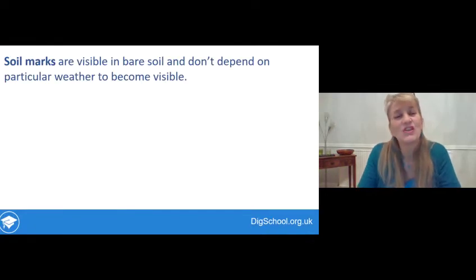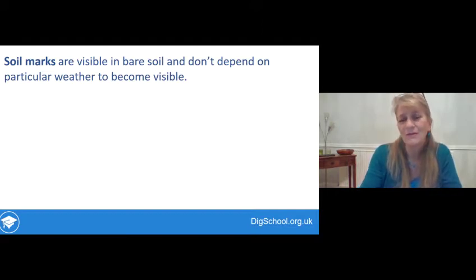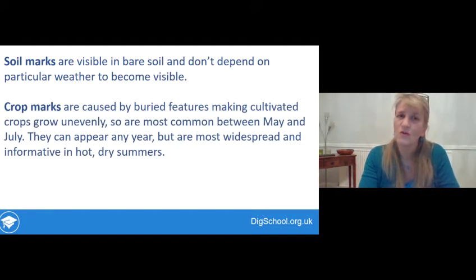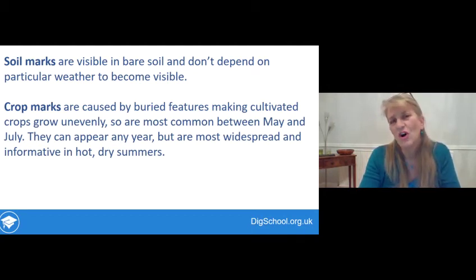So to summarise, soil marks then are visible in bare soil and they don't depend on any particular weather to become visible. Crop marks are caused by buried features affecting how crops grow, so they're most common between May and July when crops are growing and ripening.